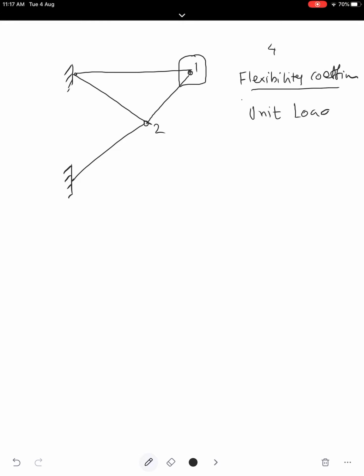We have to apply unit load or unit force at joint 1, 1 by 1. Please understand, there are 4 loads, A1, A2, A3, A4. So out of these 4, we will apply unit load 1 by 1 and let other 0.